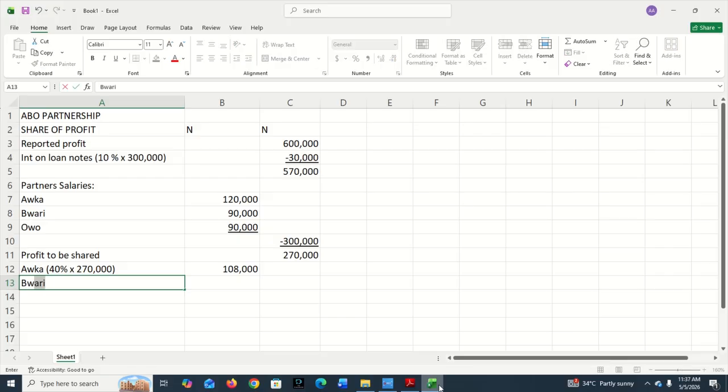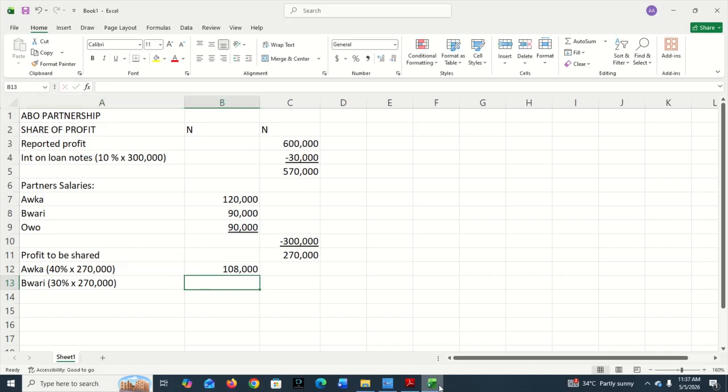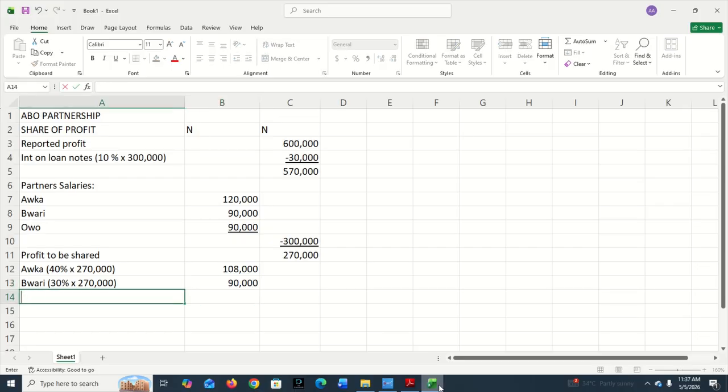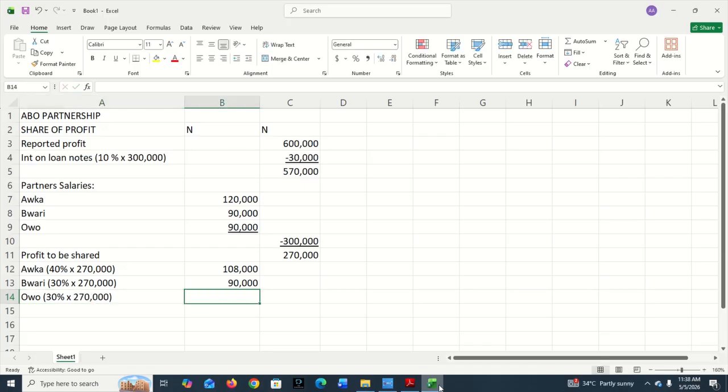Next is Buhari. Buhari is how much? 30% multiplied by 270,000. And lastly, you have Owo. It's the same thing. 30% multiplied by 270,000. No, that's not correct. Sorry, not 90,000.